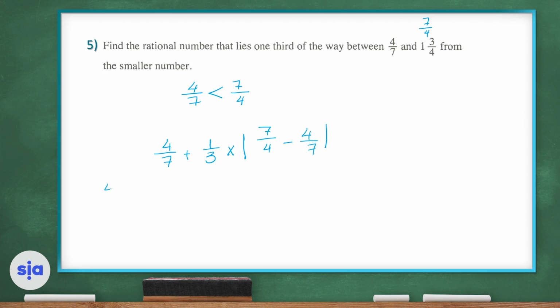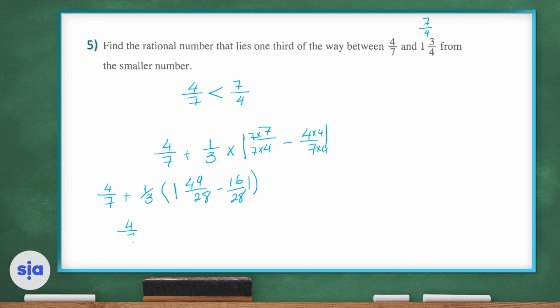So it's 4 over 7 plus 1/3 multiplied by the absolute value of here. To get the common denominator, multiply up and down by 7, and here multiply the up and down by 4. So in this one, it's 49 over 28 minus 16 over 28.